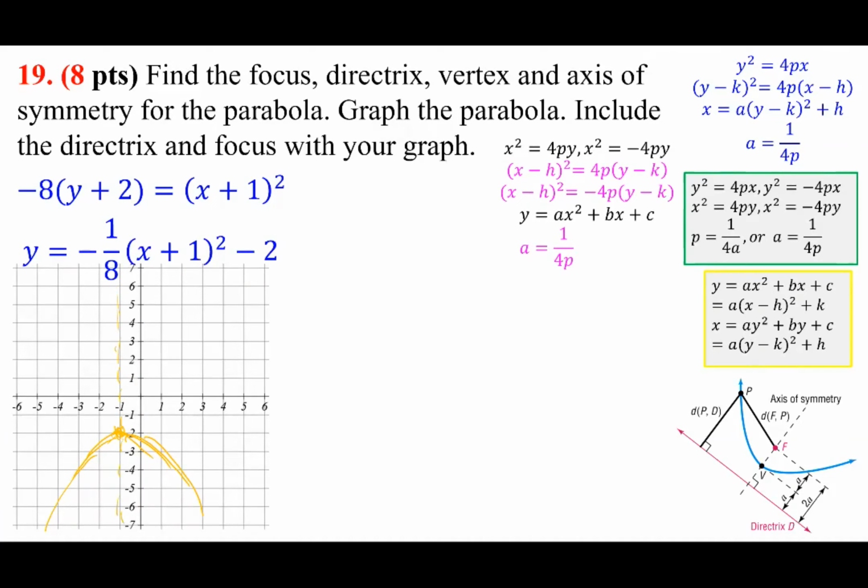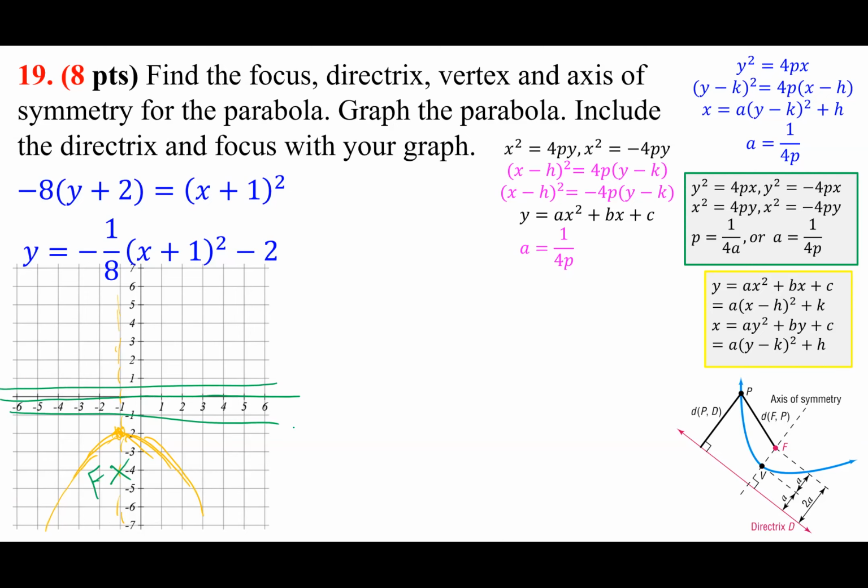This is the axis of symmetry. And we have a directrix. Somewhere here, let me use a different color, we have the focus. And somewhere up here, maybe here, or maybe here, we have a directrix.